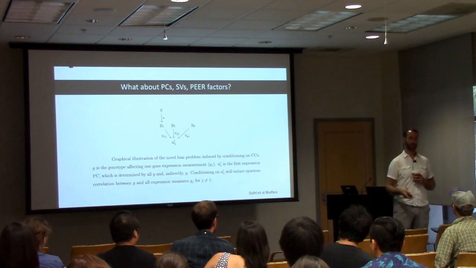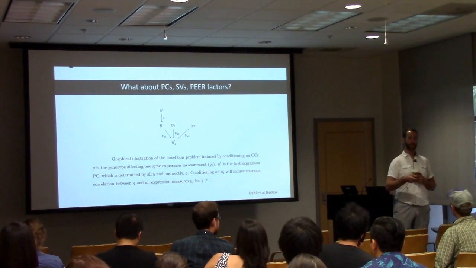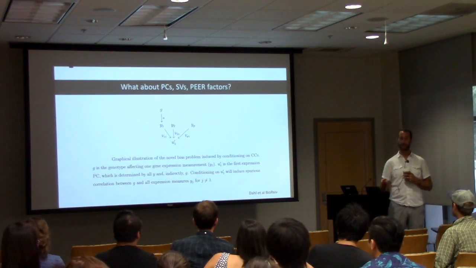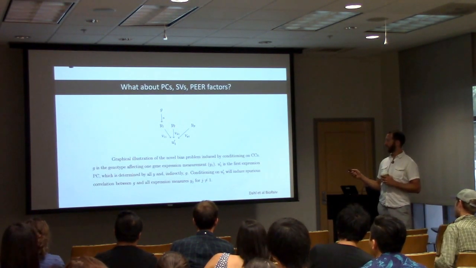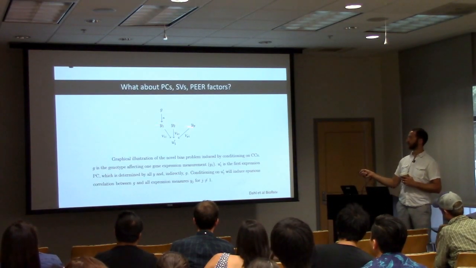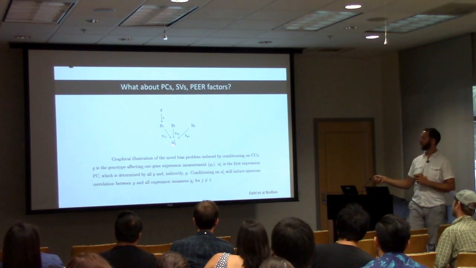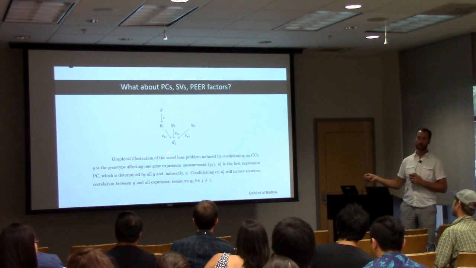You will often run one of these packages and then ask about relationships between variables conditional on these PEER factors. So I want to know, does this gene have a different mean in expression when I give it this drug versus when I don't, conditional on the PCs or the PEER factors or the SVs. The problem is, here the Y are the gene expression values, and U is this PC, and the PCs are just linear combinations of the Ys.